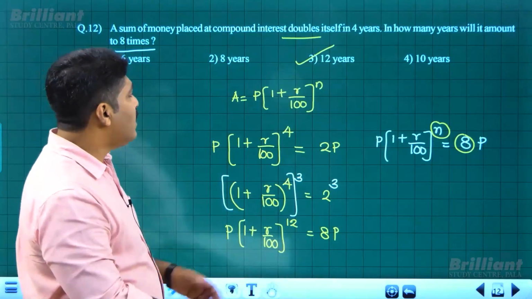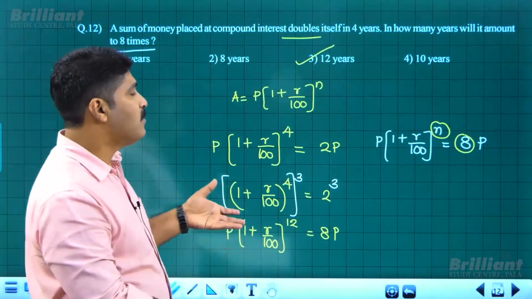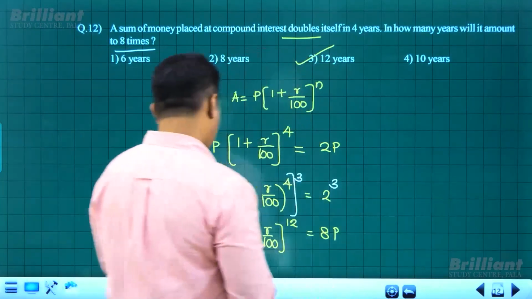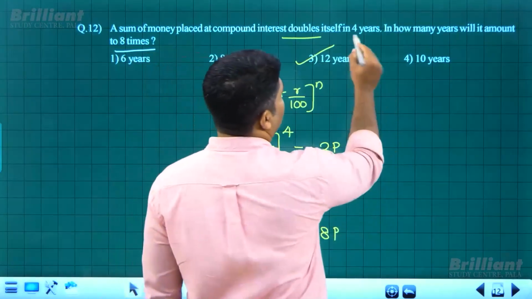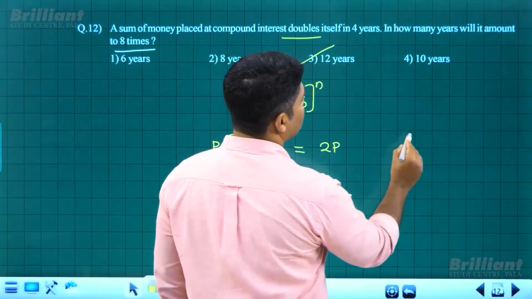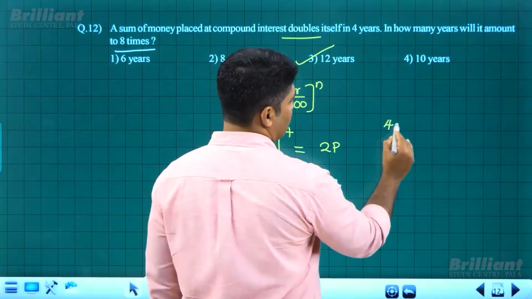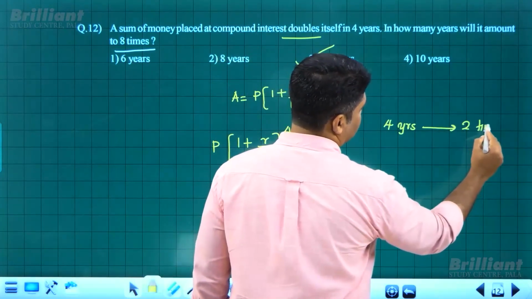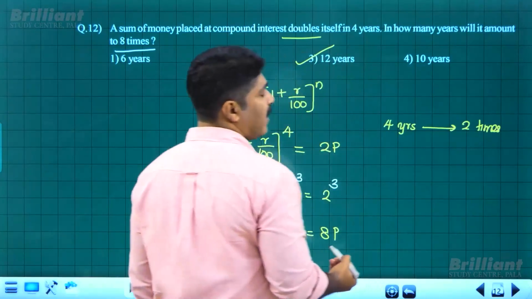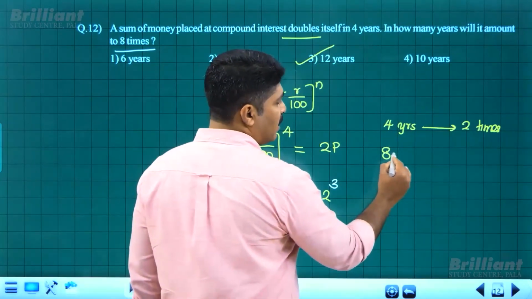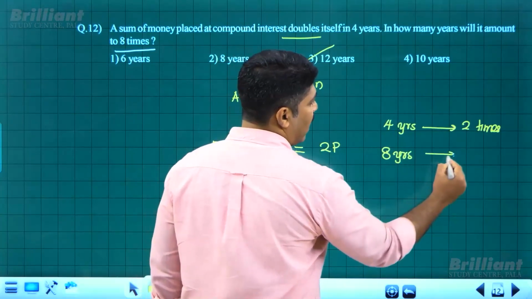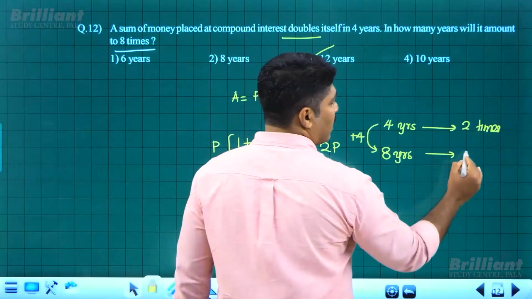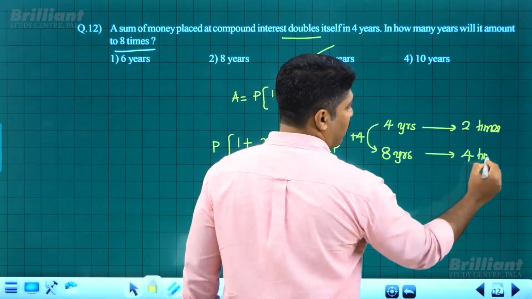There are some easy shortcuts also possible for these types of operations. In 4 years, it becomes double. So 4 years, it becomes 2 times. Then how is it expanding? In 8 years, that means we have to add a 4 here. So 8 years, it becomes 4 times. What do you want to do here?